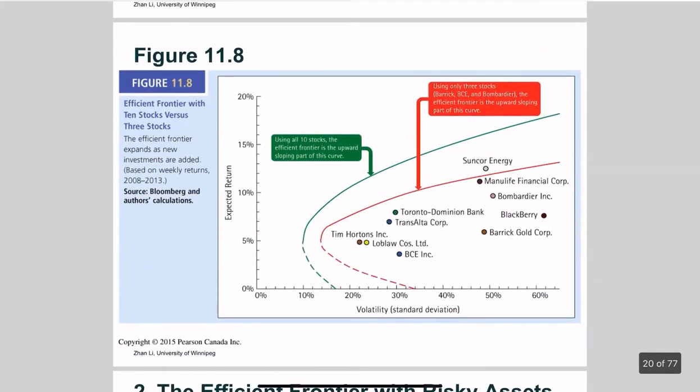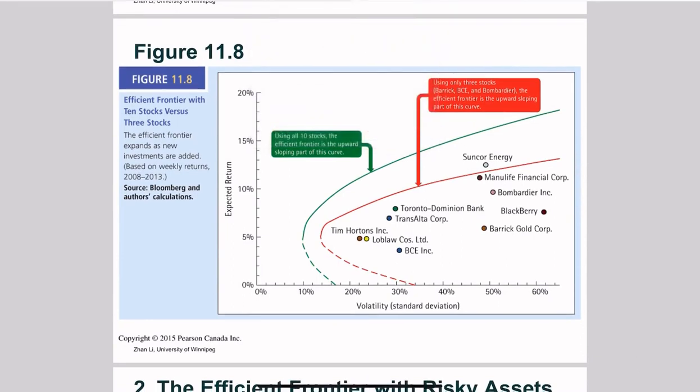Okay, now we could continue to add more stocks, right? In this case, you can see that we have 10 stocks, and we could compare the efficient portfolio curve with the three stock case. And you can see that we have an even better efficient frontier.